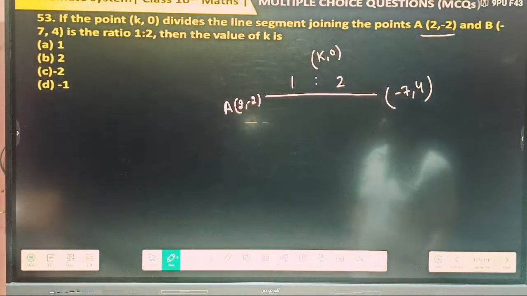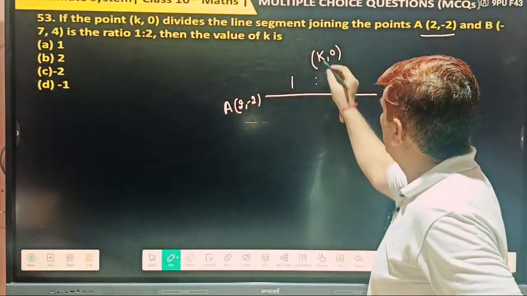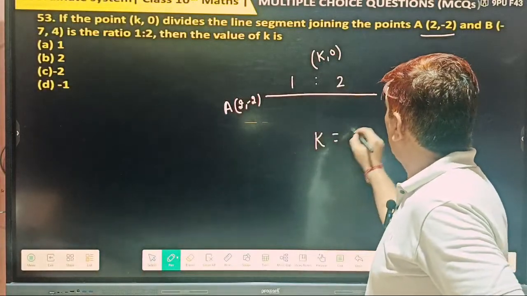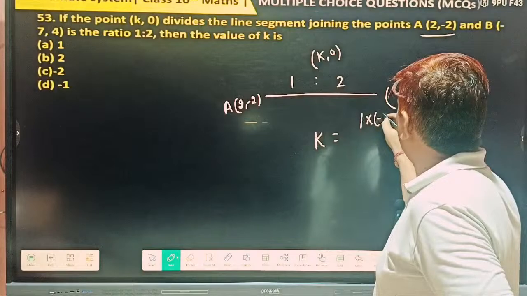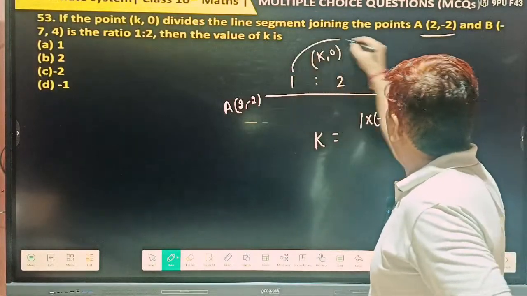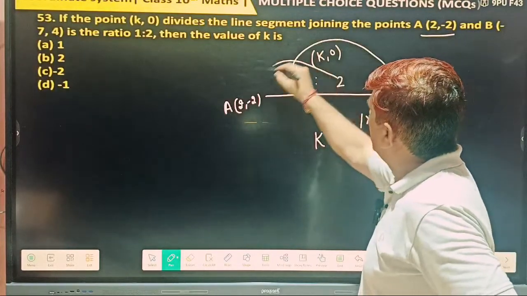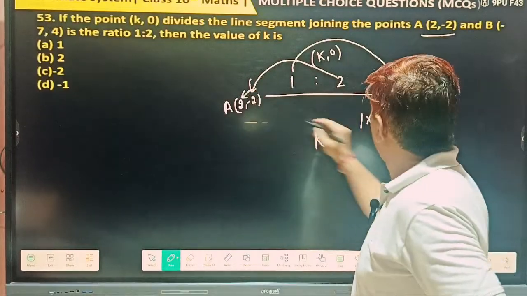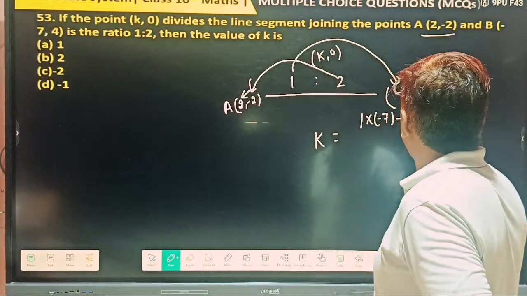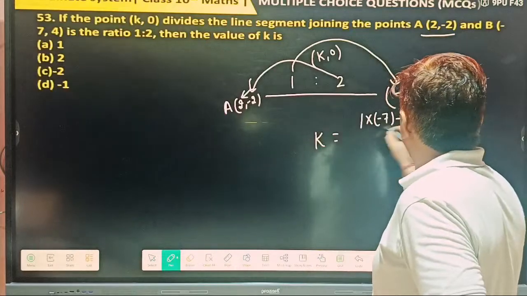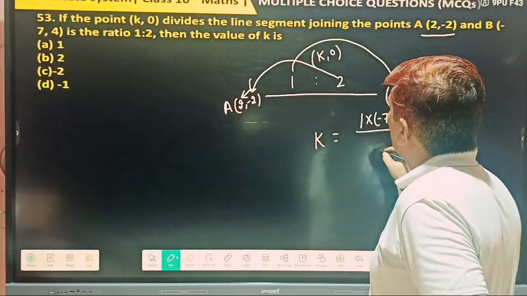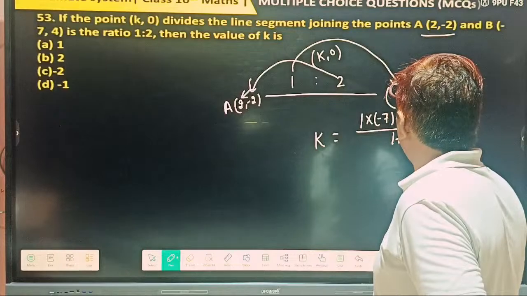So we have to find the value of K equal to 1 into minus 7, multiplied with this, plus 2 into 2, divided by 1 plus 2.